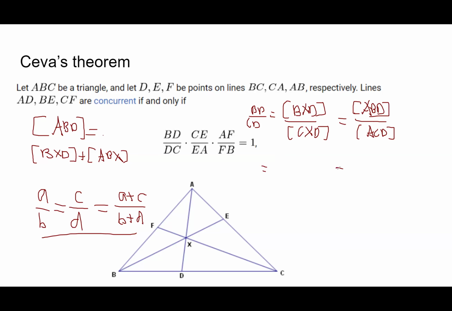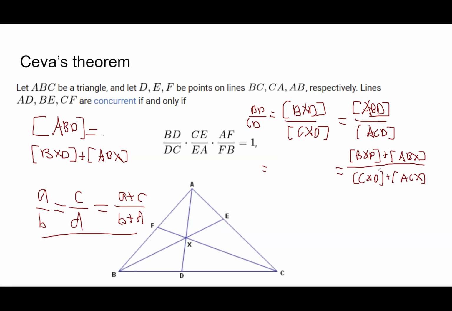So then we have BXD plus ABX over, and then the bottom triangle ACD is also equal to the area of triangle CXD plus the area of triangle ACX.